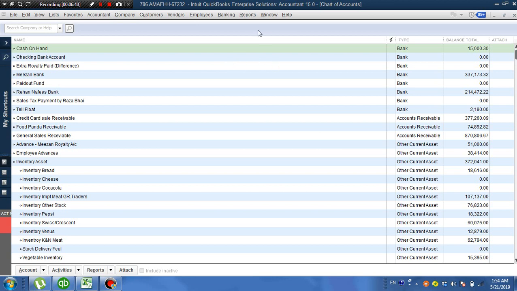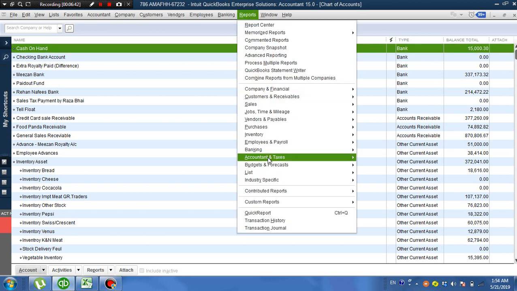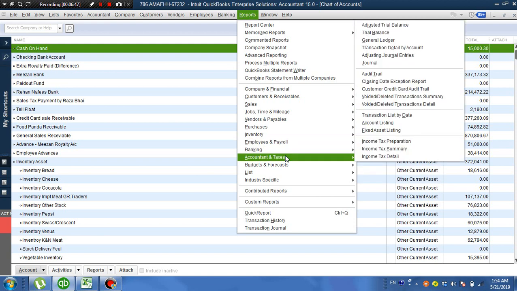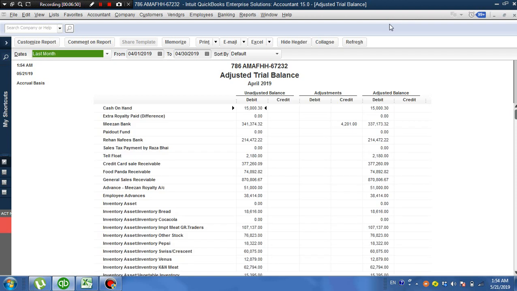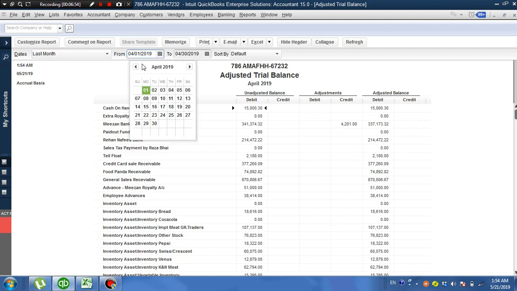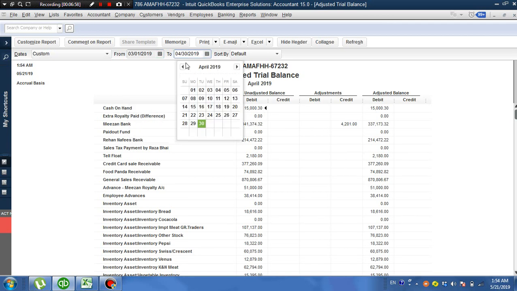So let us see the adjusted trial balance. We can find it here, in Accountant and Taxes, adjusted trial balance. We run the report and we can see here the report from 1st March to 31st March.